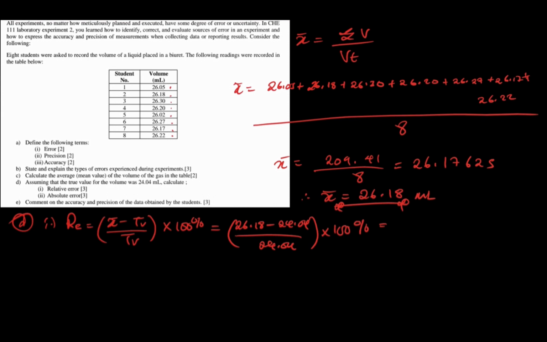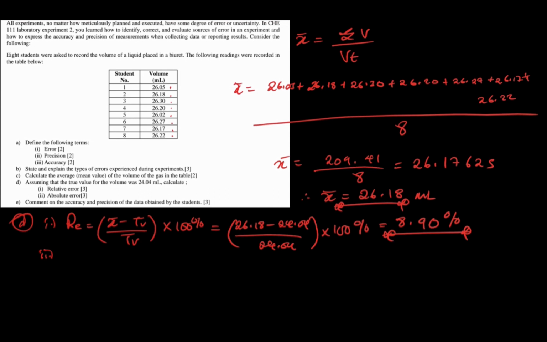Divide that by 24.04 and multiply by 100, and you get approximately 8.90%. This is our value for the relative error. Since it's relative, it will not have units, but it will be in percentage form.